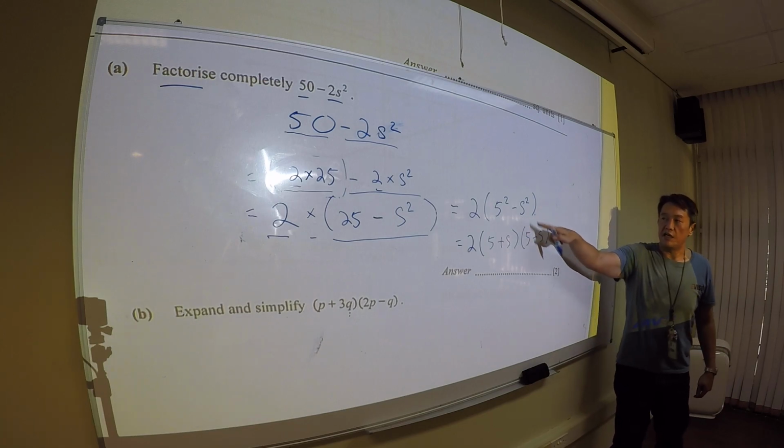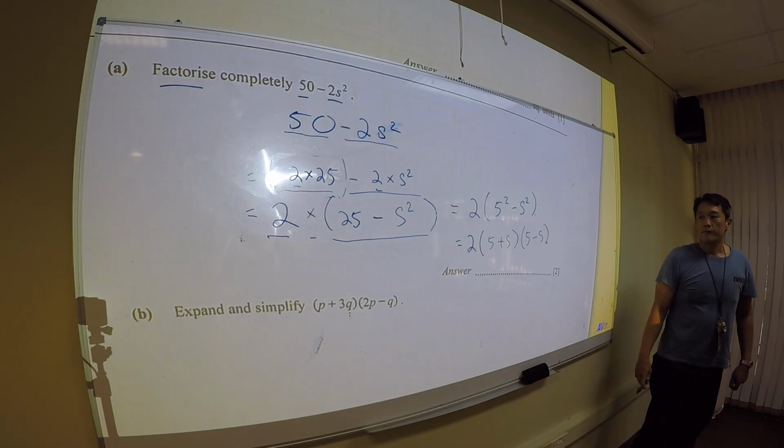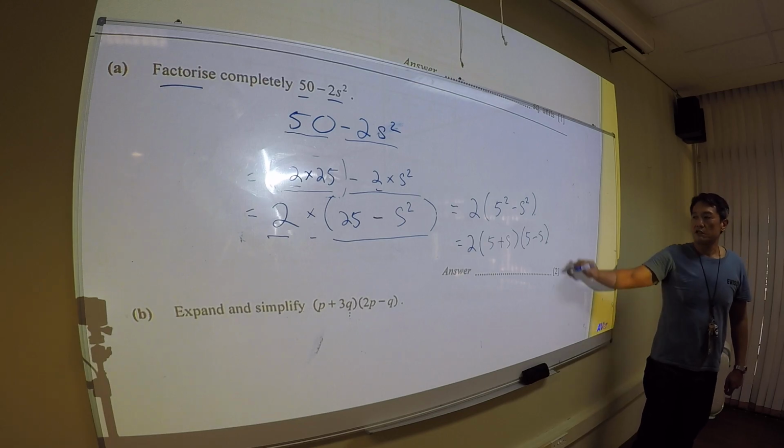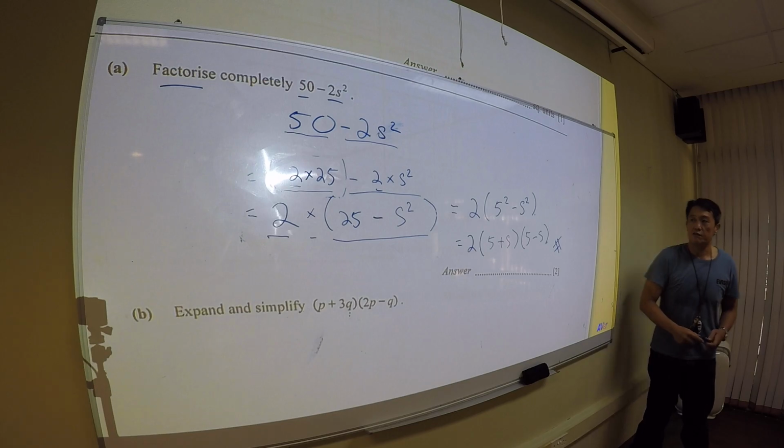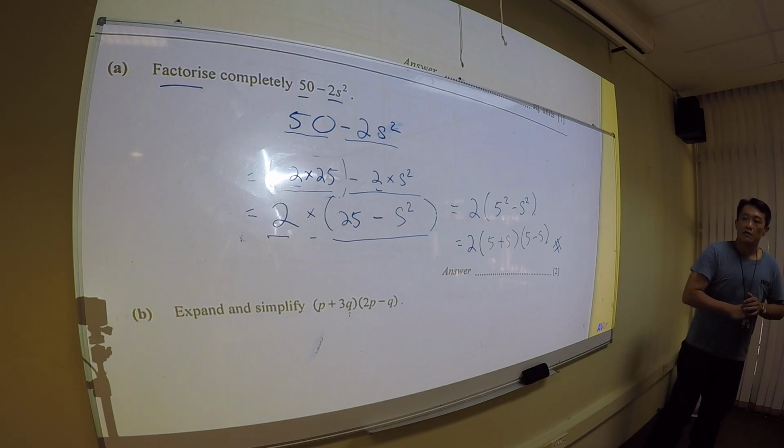This one is a special identity. Okay, so this second mark is the more difficult one to get. You have to know the special identity. But minimally, getting the first mark is good enough.